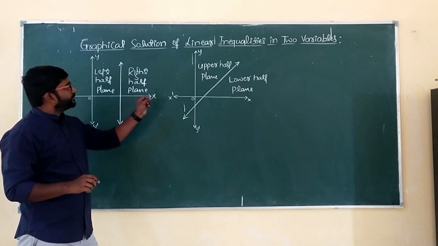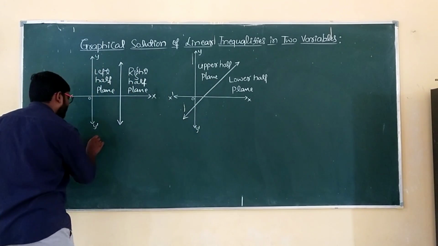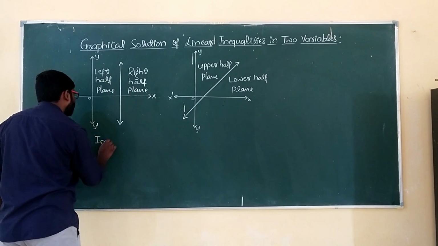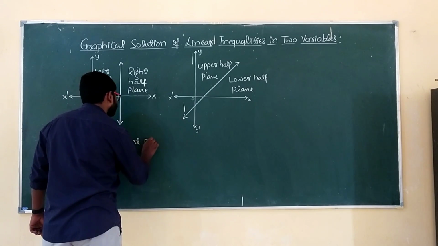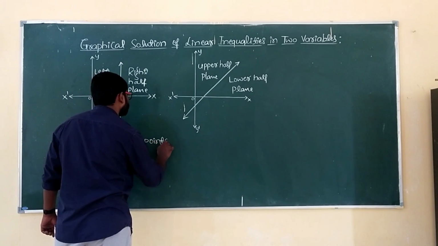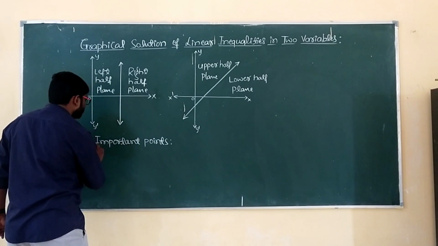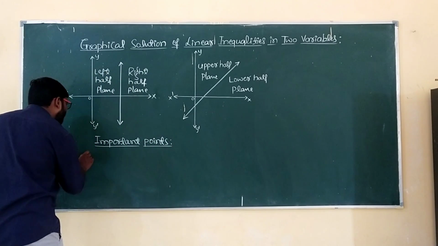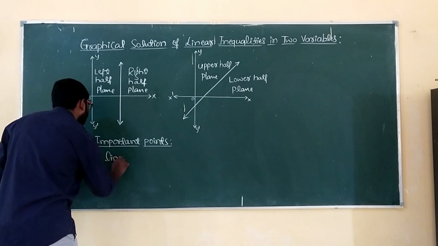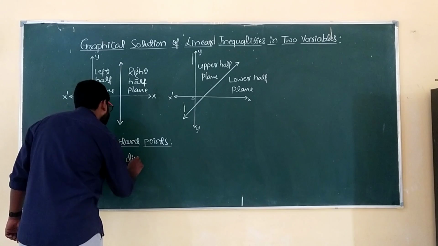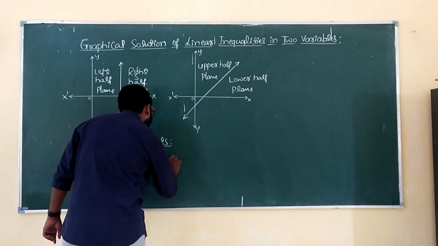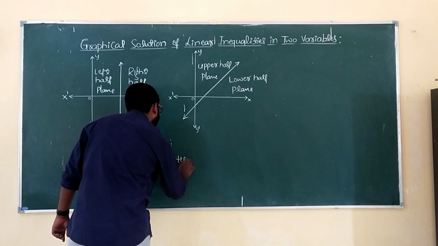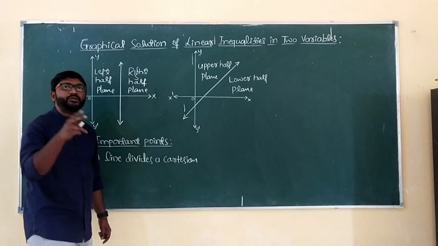So let us write these important points regarding the vertical line and a non-vertical line. The first point: a line divides a Cartesian plane into two parts.